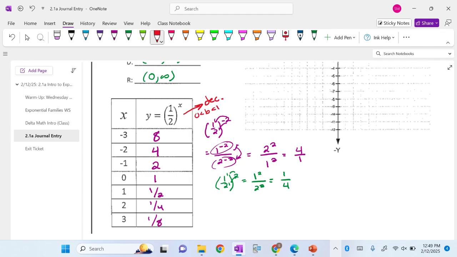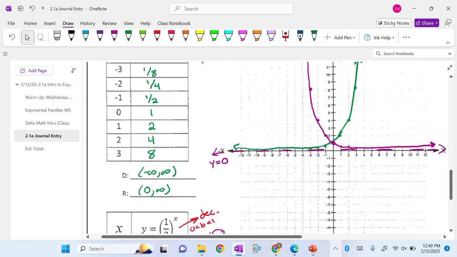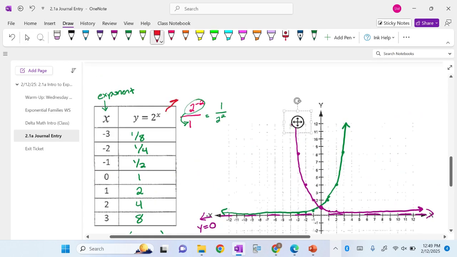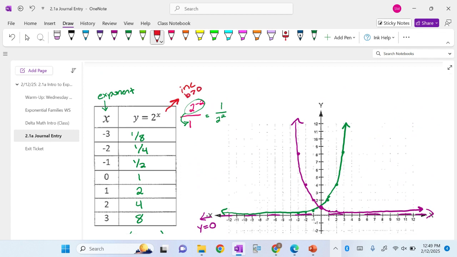It's a fraction. And this one increases because it has that b value greater than 1. So essentially the exact same base, except one is in fraction form, the other one is in whole number form. So you need to know the difference of those basics.